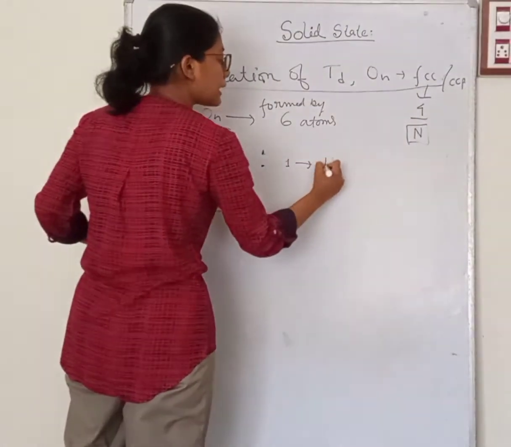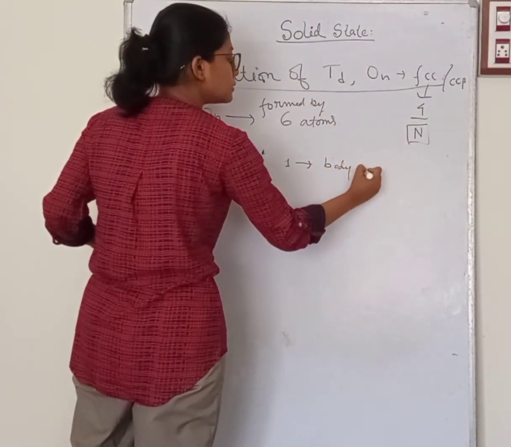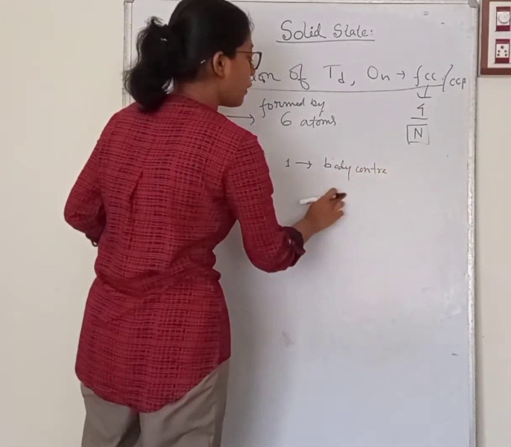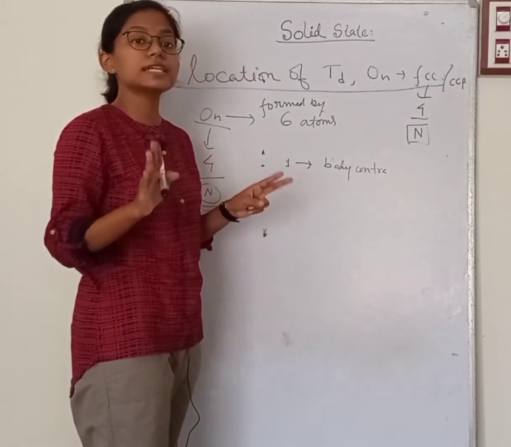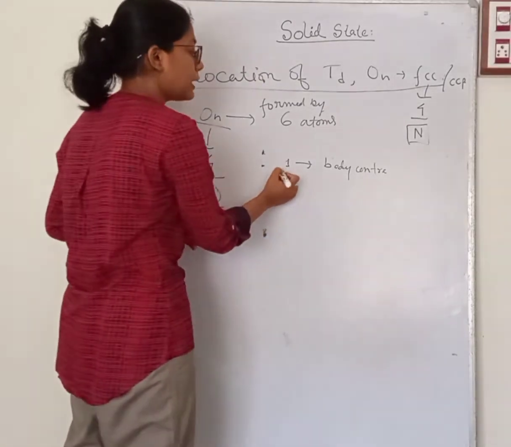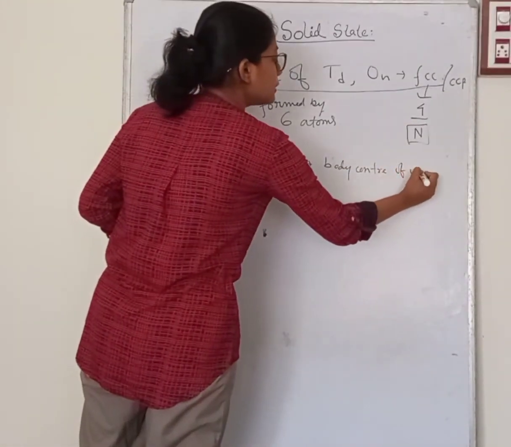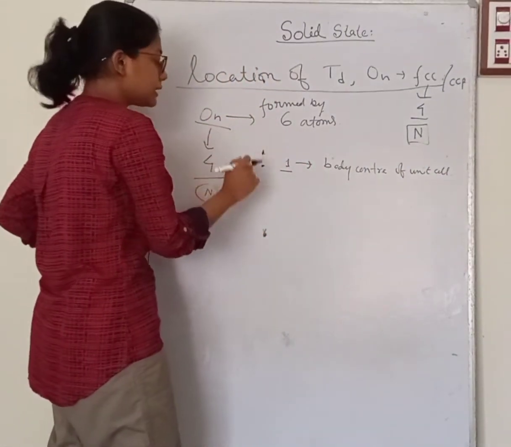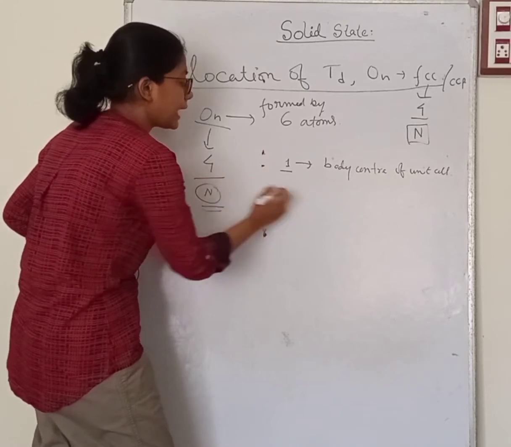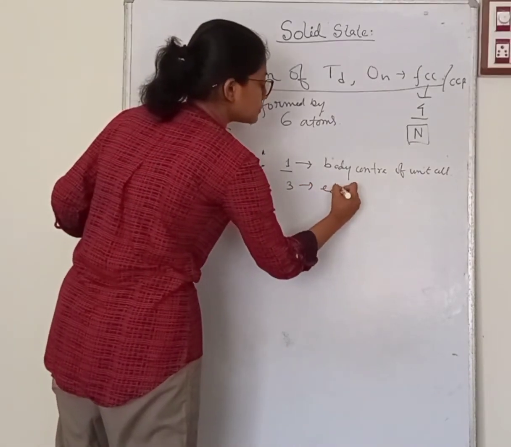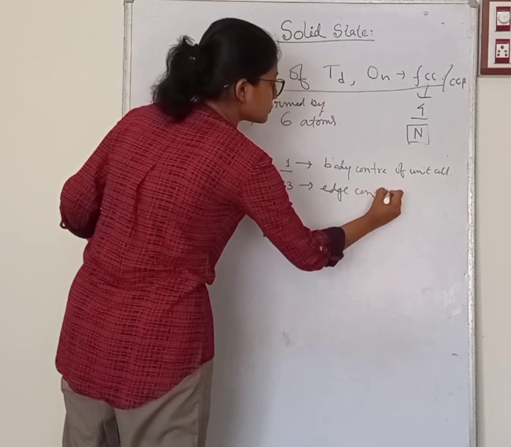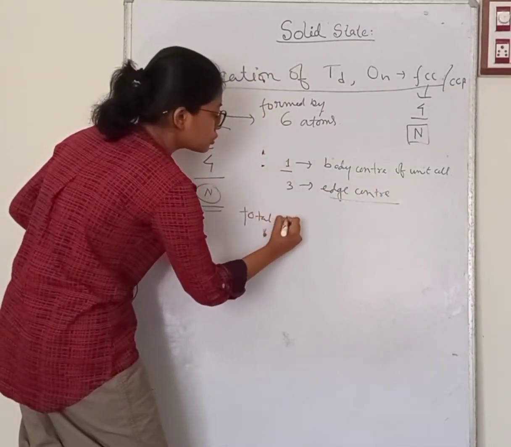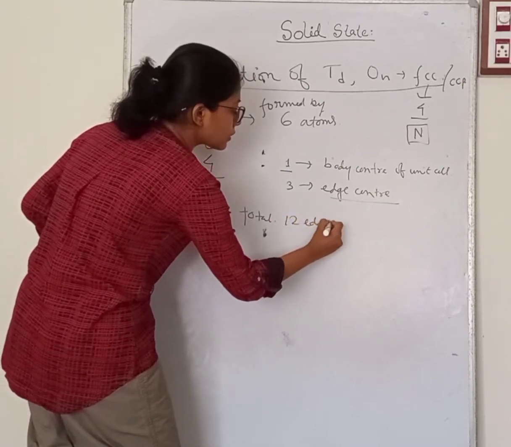One is present at the body center, and this body center is formed by 6 atoms at 6 face centers. So 1 at the body center of the unit cell, and the other 3 are present at edge centers.